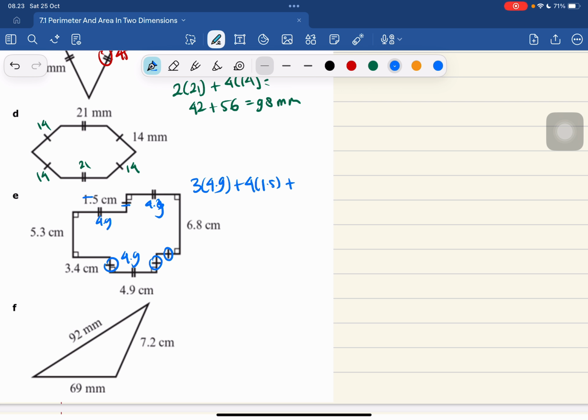We plus 5.3 plus 6.8 plus 4.3. Okay, after addition, this will give us the answer of 36.2 centimeters.